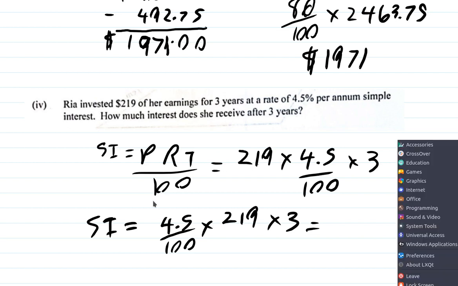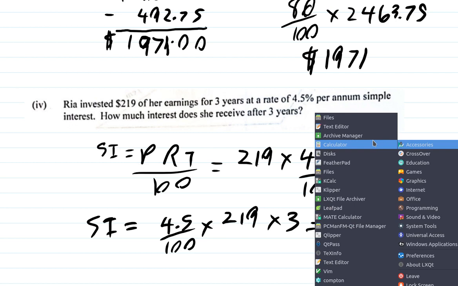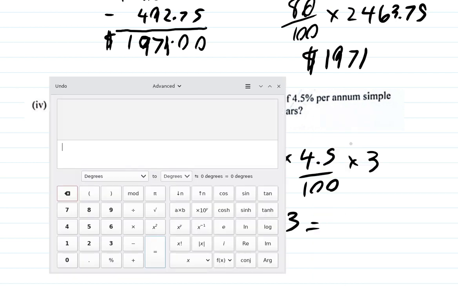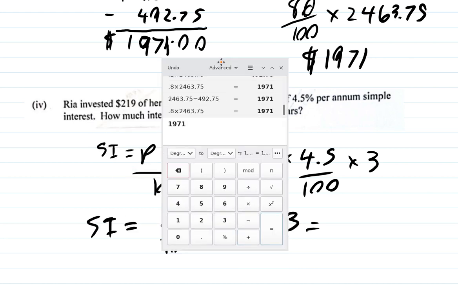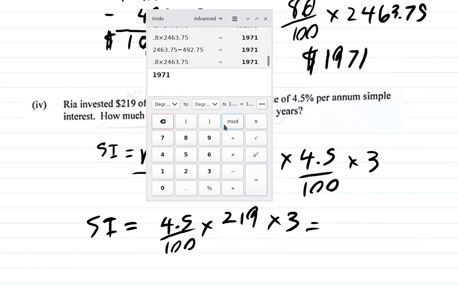So let's calculate it. Just do that calculation there. So what we have, 4.5 over 100, you know that that is 0.045.